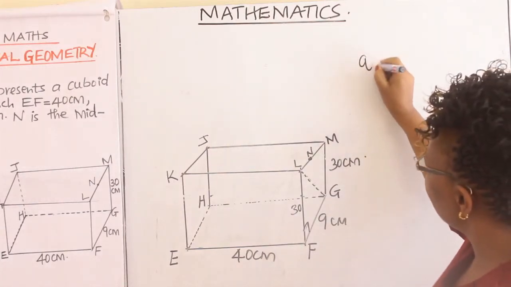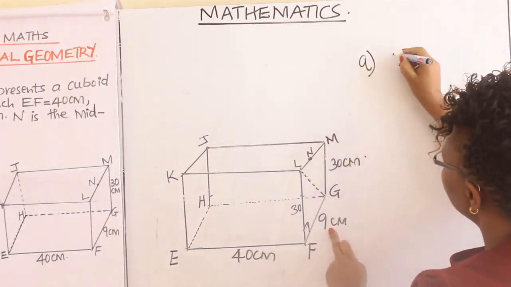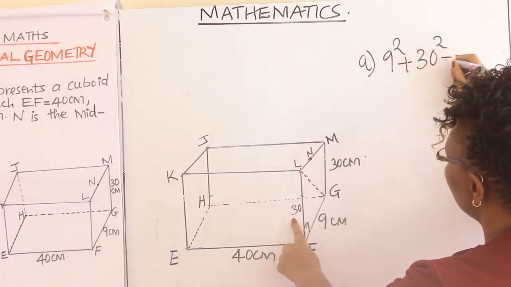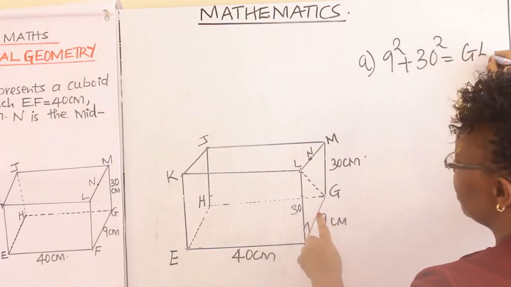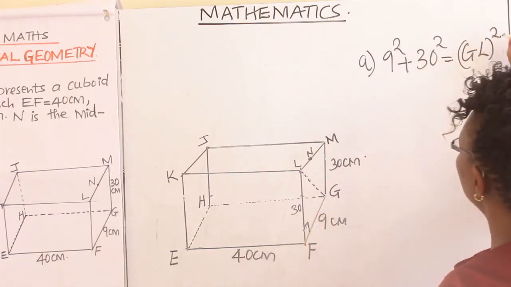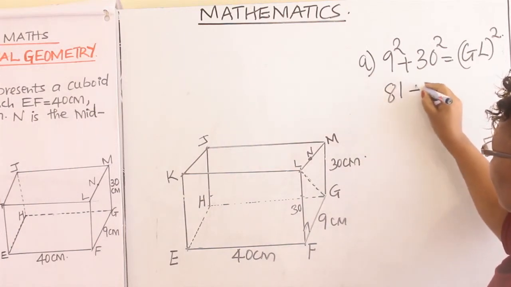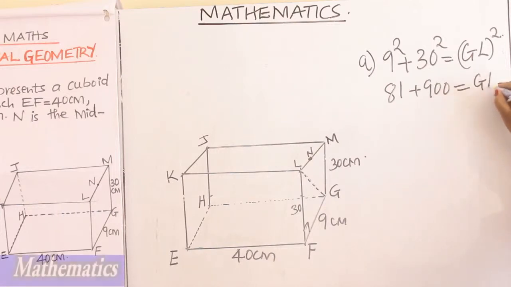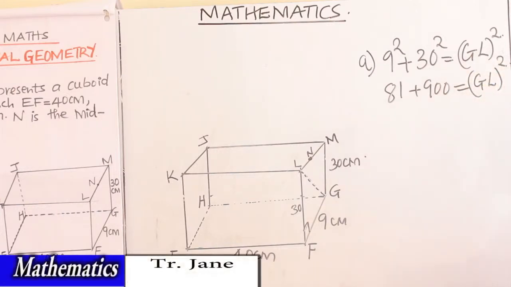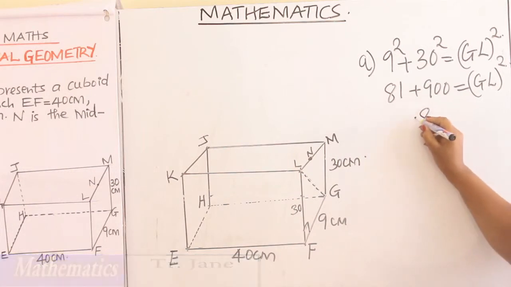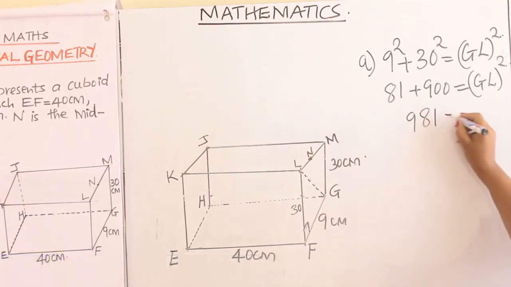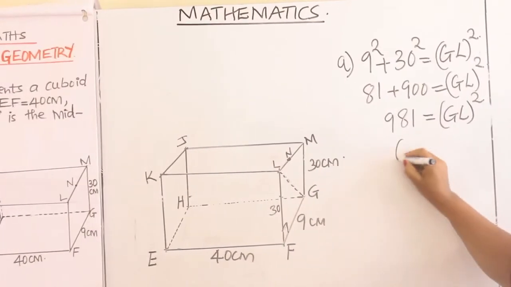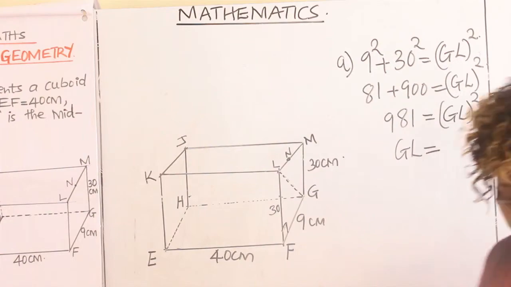And therefore, part A, we will talk of 9 squared plus 30 squared should give you GL squared. So this is 81 plus 900 to give you GL squared. You add this, you get 981 is equal to GL squared, and therefore you find the square root using a calculator.